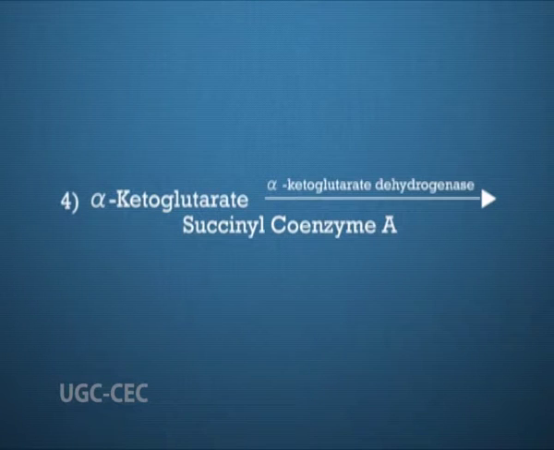The next step: succinyl coenzyme A is formed by the oxidative decarboxylation of alpha-ketoglutarate. The conversion of isocitrate into alpha-ketoglutarate is followed by a second oxidative decarboxylation reaction, the formation of succinyl-CoA from alpha-ketoglutarate.